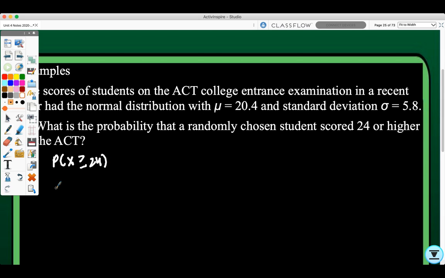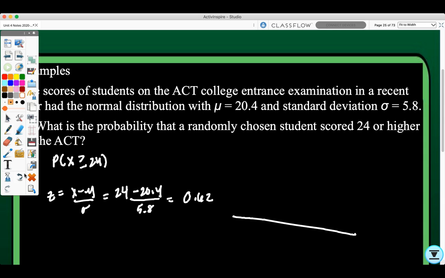So they tell us that mu is 20.4 and sigma is 5.8. So we need to find our z-score, which is x minus mu all over sigma. Z here is 24 minus 20.4 all over 5.8, and that gives us 0.62.